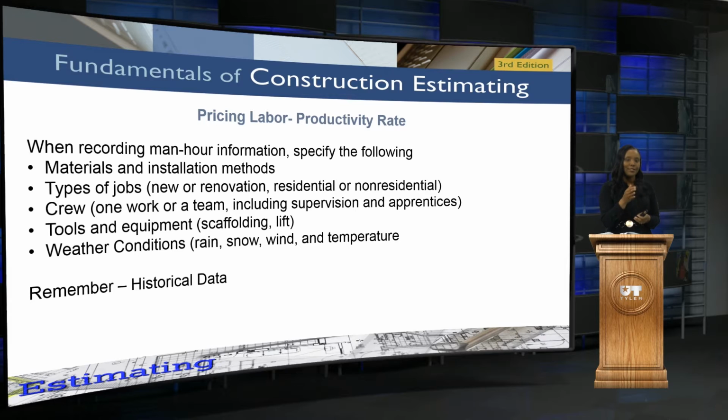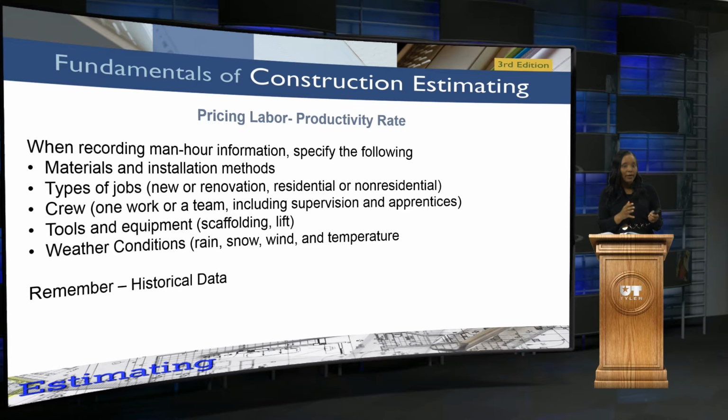Am I going to have to do demo or not? Doing demolition takes a lot of time and also a lot of money. So you really want to think through all of that, the types of jobs, whether it's residential, non-residential, it doesn't matter. You really have to think through the type of job.